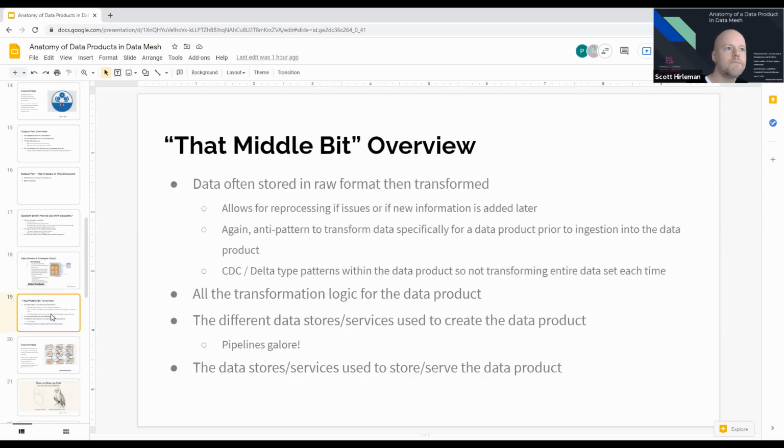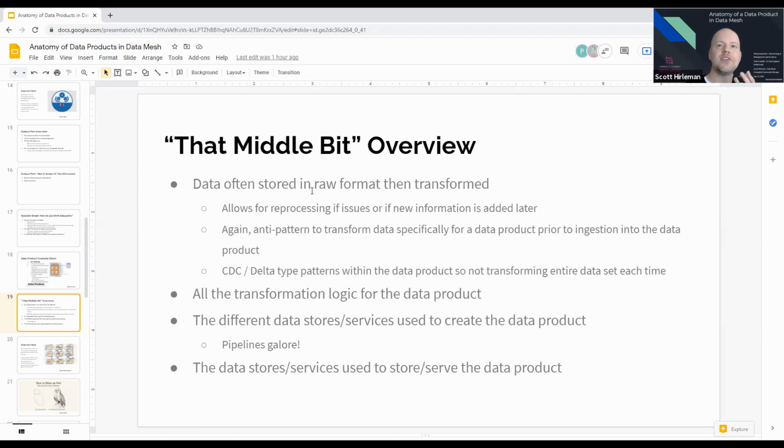So the middle bit, which is everything else outside of getting the data in and enabling people to access the data from there, I think it actually ends up being a lot simpler than people think, because it's just taking the data in and prepping it for how it's going to be consumed, right?